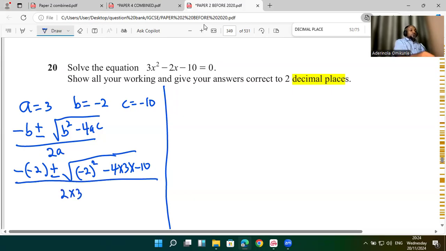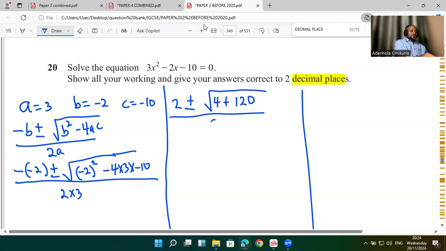Moving forward, that gives us 2 plus or minus the square root of 4 plus 120, all over 6.